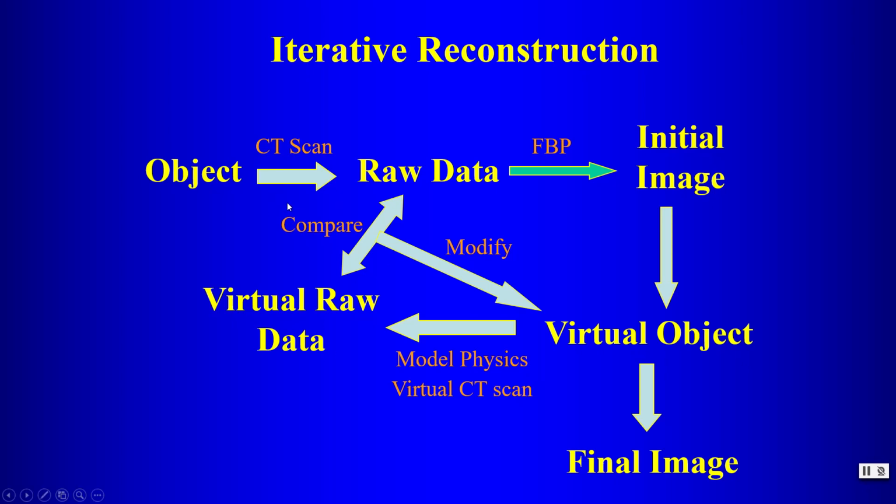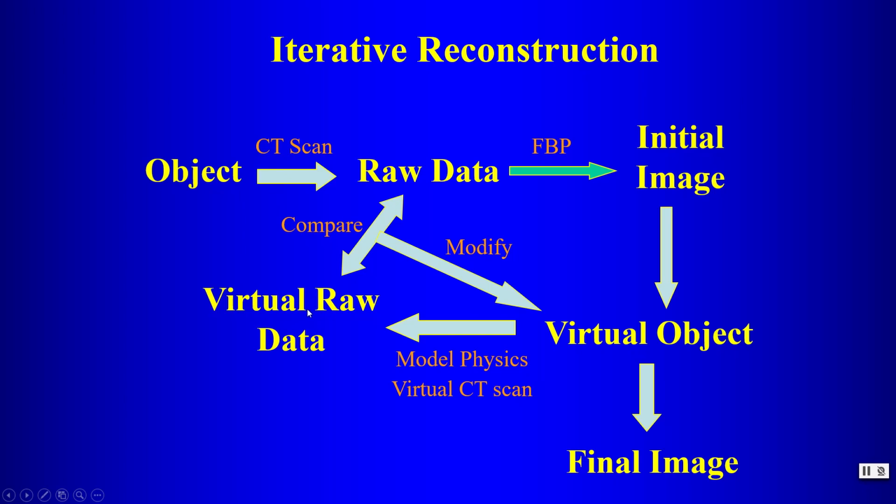So if we have an object, we do a CT scan, we have this raw data in the object, we apply filtered back projection, we have an initial image, and from that initial image, the software constructs a virtual object. It then takes this virtual object and models the actual physics of the CT scanner to do a virtual CT scan of this object, and it comes up with this virtual raw data.